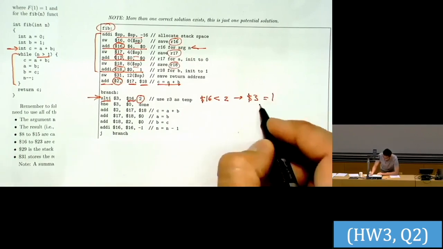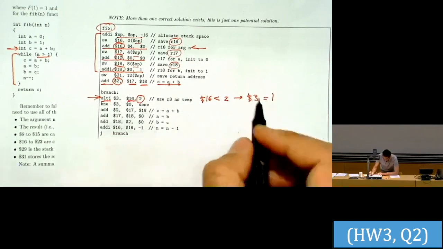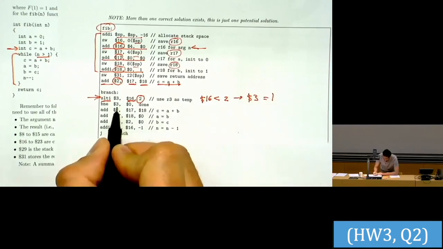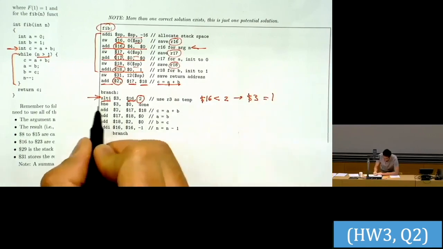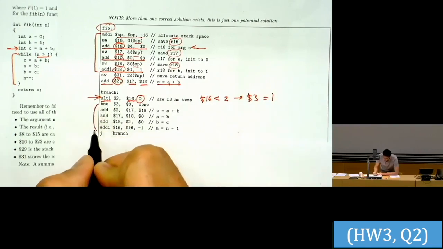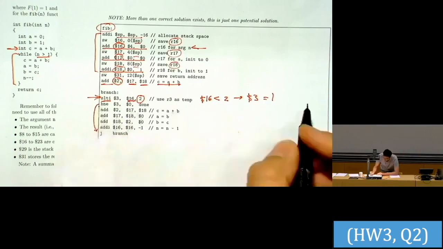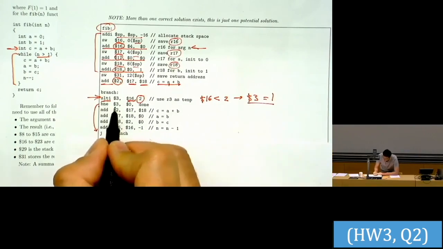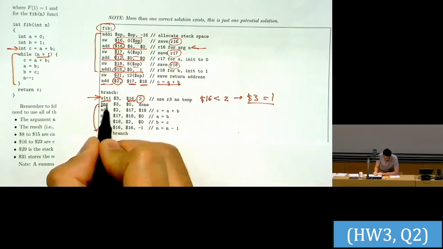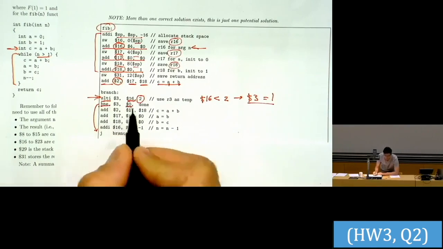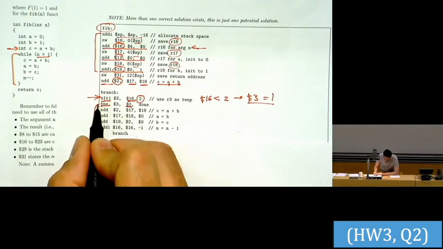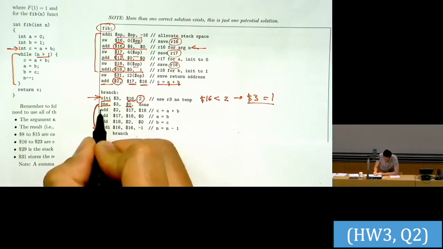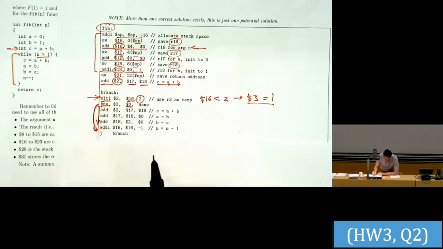Observe that if it's equal to 1, it's not equal to 0, so it won't take this branch, and it will go to the loop body.